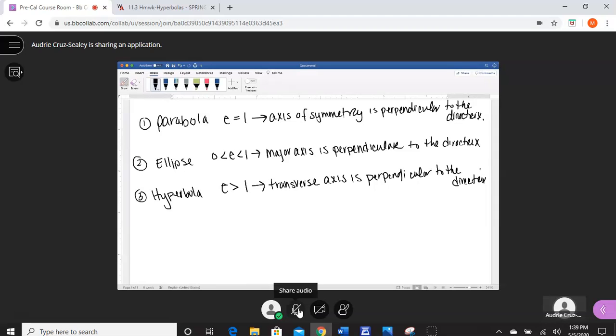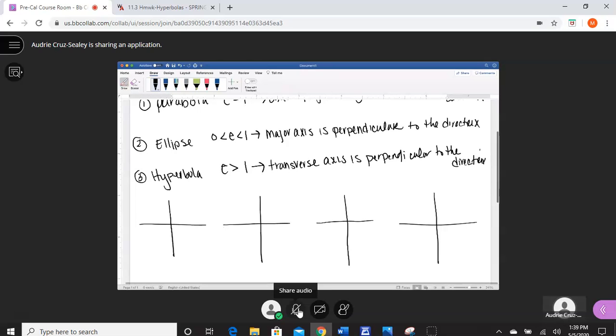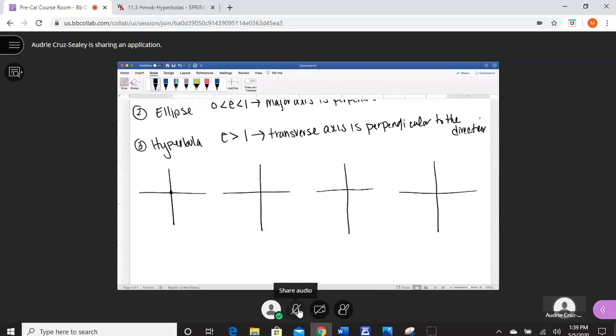Now, at the bottom of page 139, I want you to draw 4 pictures. So you're going to have 4 graphs. Okay, so here's the focus.